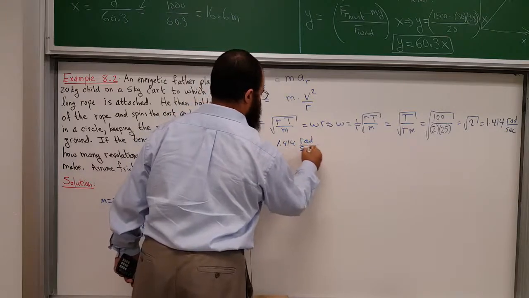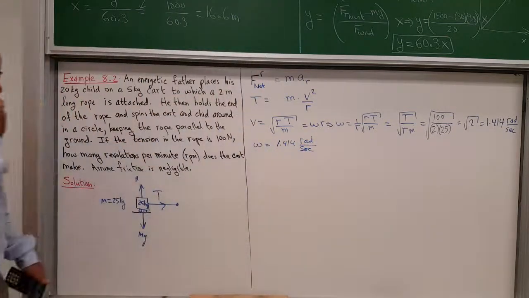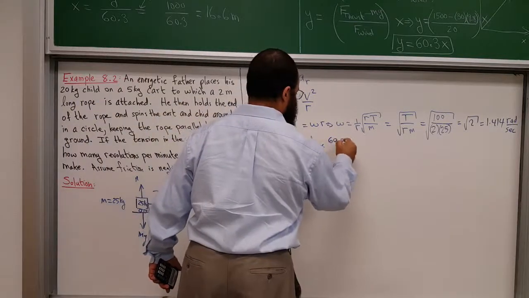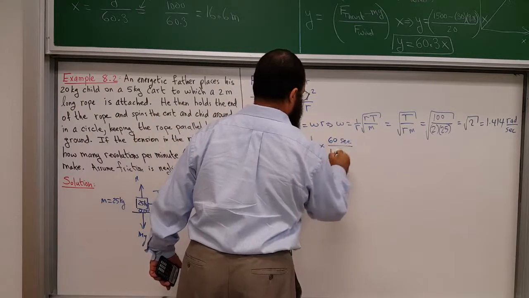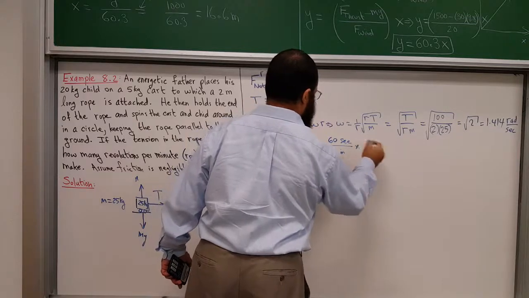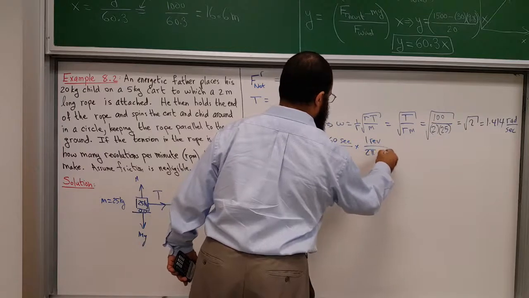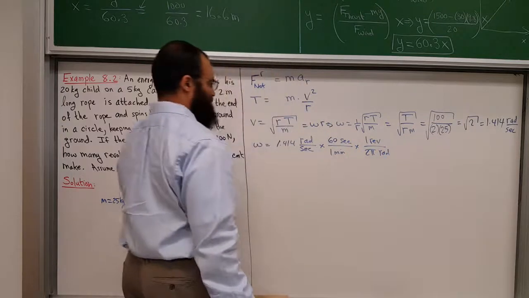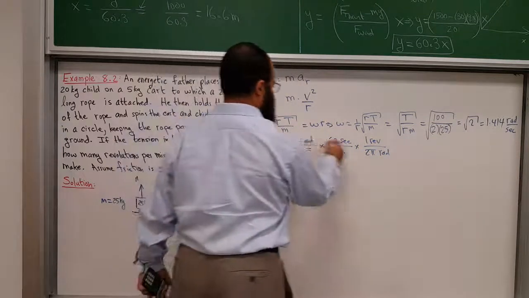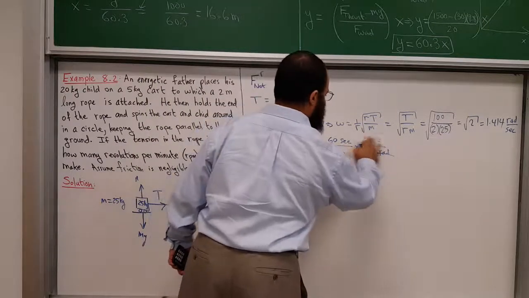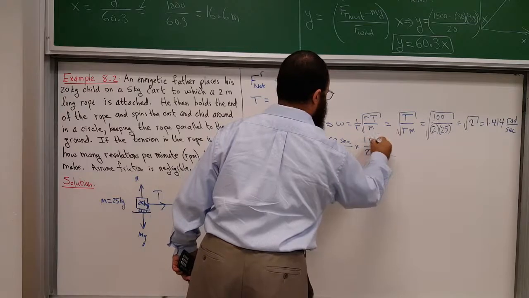They want RPM, revolutions per minute. Well, there are 60 seconds for every 1 minute, and there is 1 revolution for every 2 pi radians. So you can cancel radians by radians, and rev stays there, 1 rev.